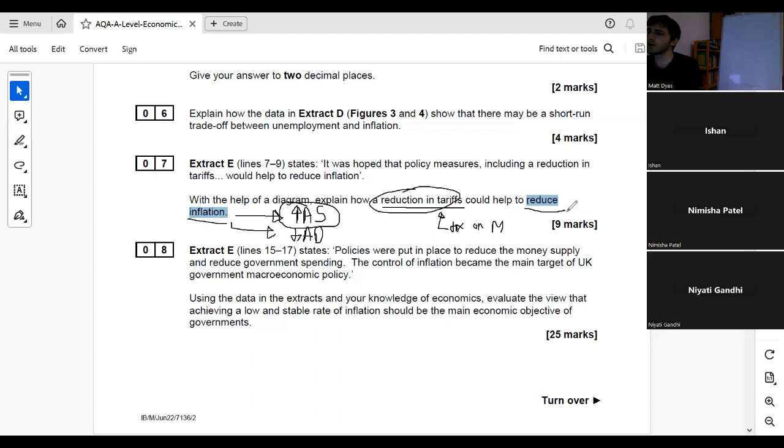So you reduce tariffs, imports into your country become cheaper, people buy more imports. What happens to AD? I know a lot of you have gone for increase, but I feel like we are getting the idea now. AD would fall, right? Because M is a negative component of AD. So if there's more imports, M may increase, and that means AD would fall.